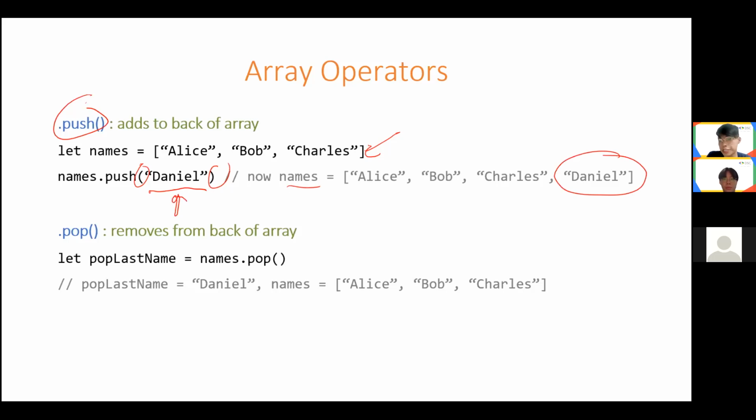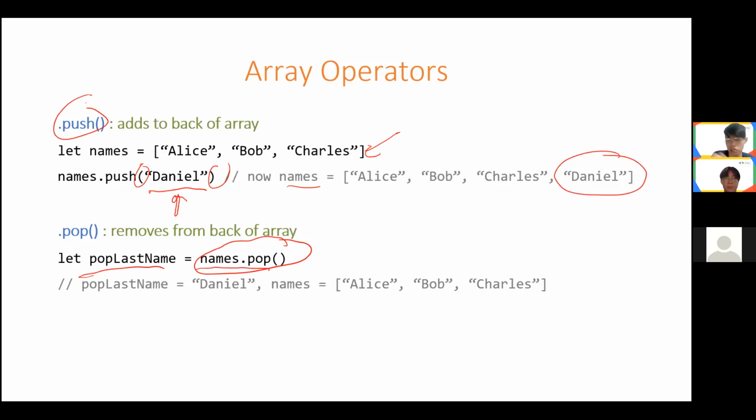Another way to change the data in an array is with the pop function. Pop is used to pop off a value at the end of an array, so it removes it from the back of the array. This is a bit special because after we pop it off, we can store it back into another variable, like what we did here. Remember, when we are assigning a variable, we can put an expression here.